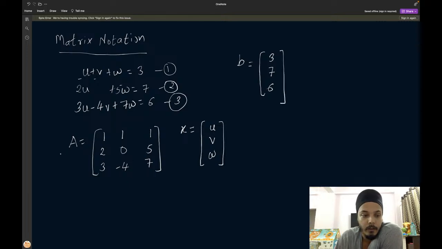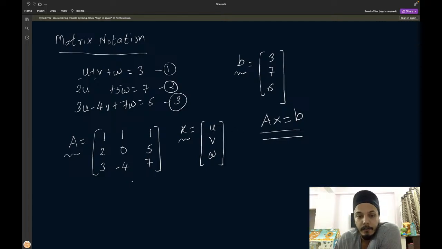So here we have the coefficient matrix A, unknowns in a column X, and then right hand side in a column B. So the way we write it is AX equals to B. So here A is a square matrix, X is a variable vector, and B is the right hand side vector.